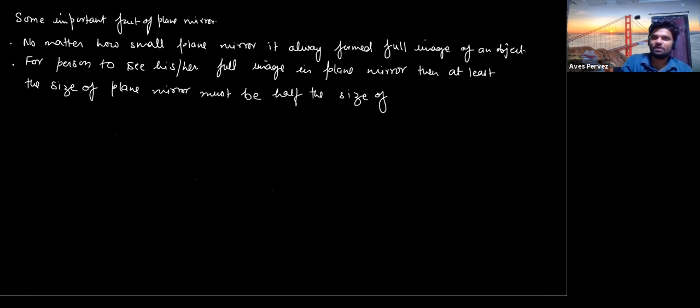One more thing you need to keep in mind about the interesting fact of a plane mirror is that no matter how small a plane mirror is, it always forms the full image of an object. For example, if you have this much size of a plane mirror, and you have an elephant, a full image of this elephant can be formed in this plane mirror, but you need to see from a different angle.